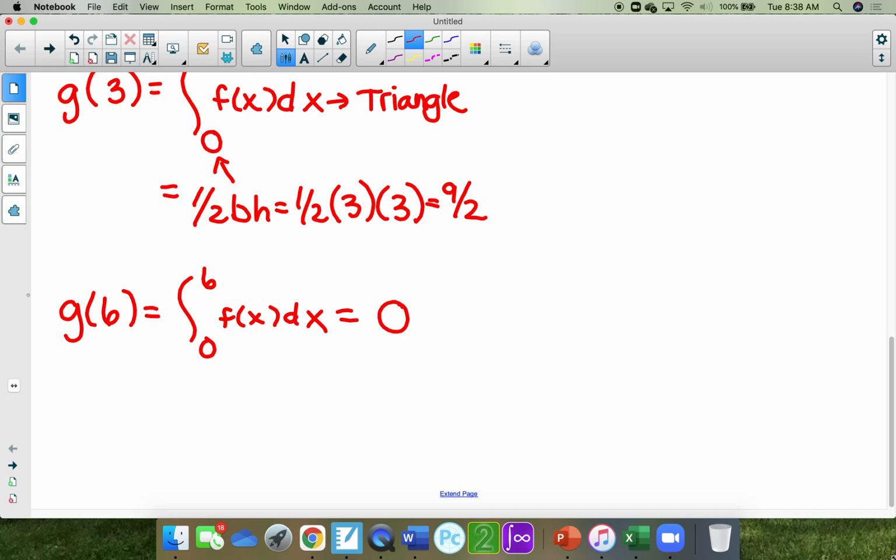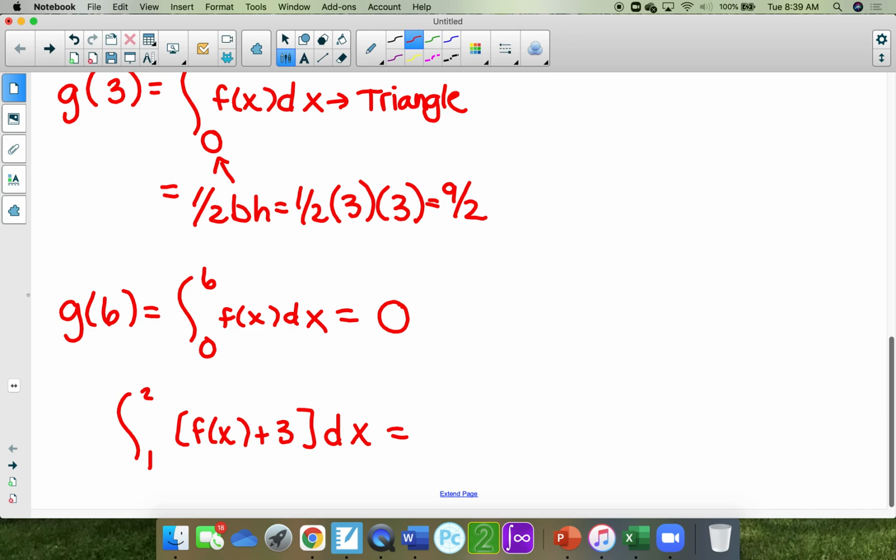If they ask you to integrate from 1 to 2 of f of x dx, and they tell you that when you integrate from 1 to 2, you get f of x plus 3 dx.